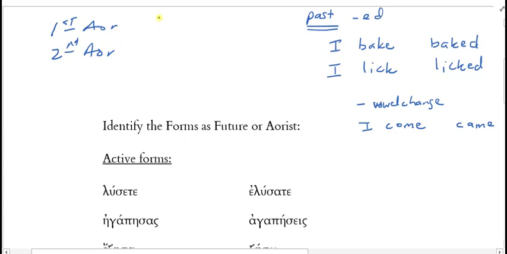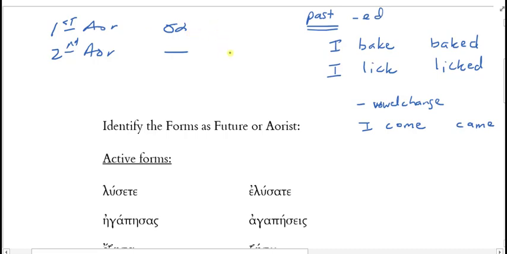The first aorist uses a tense formative, which is what? Sigma alpha. The second aorist, what's the tense formative? It doesn't have one, so it's nothing. That's the big difference here. They use the same augment.